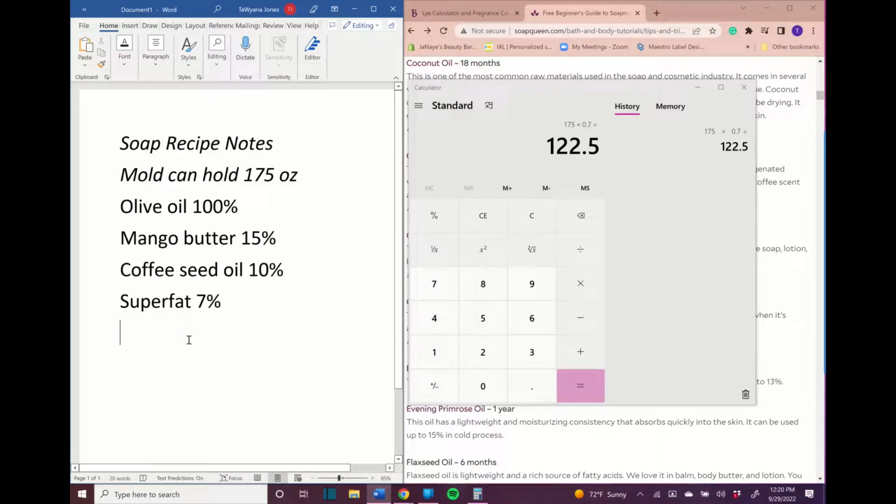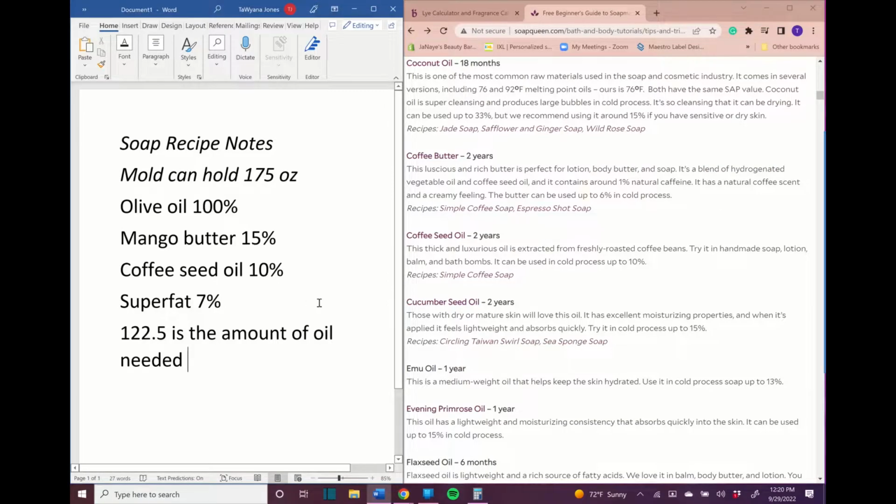So 122.5 is the amount of oil needed for my recipe.